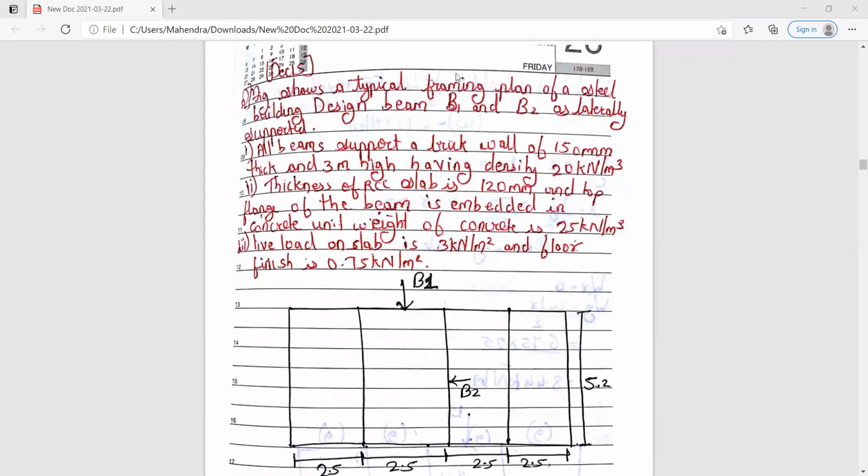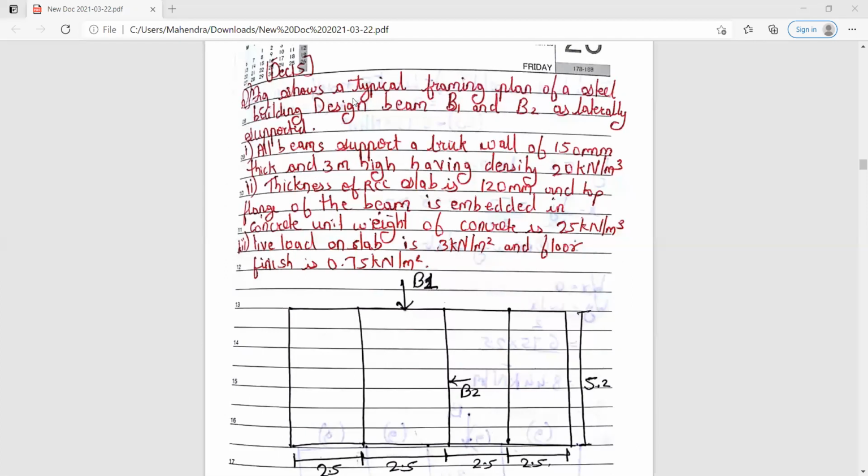Here, this figure shows a typical framing plan of a steel building. You need to design the beam B1 and beam B2 as laterally supported, and all beams support a brick wall of 150 mm thick and 3 meters high, having a density of 20 kilonewton per meter cube.